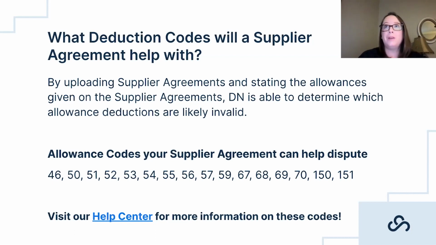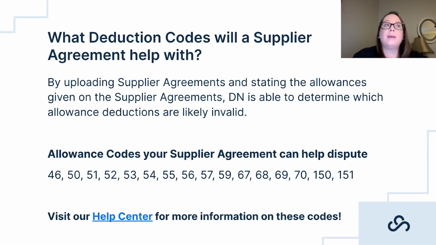We see a lot of human error with shortage deductions, which can cause those to increase. But since the allowance deductions are automated, there is less of that. But there are invalid allowance deductions that make it through. So when they are invalid, we want to make sure that you have the ability to dispute them. So you'll see the list of all applicable codes on the slide here in front of you that your supplier agreement can help you dispute.